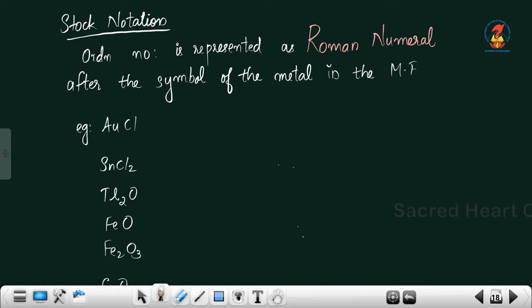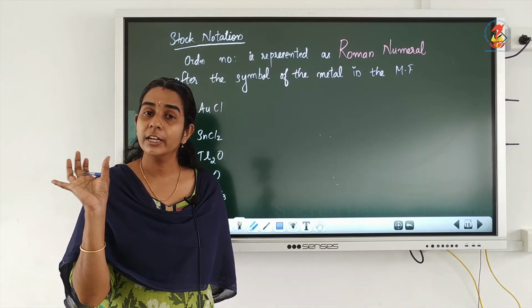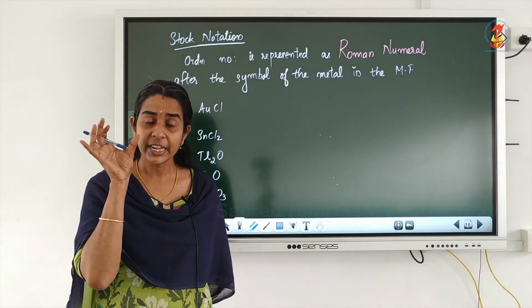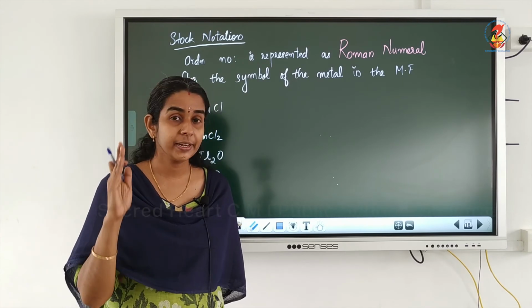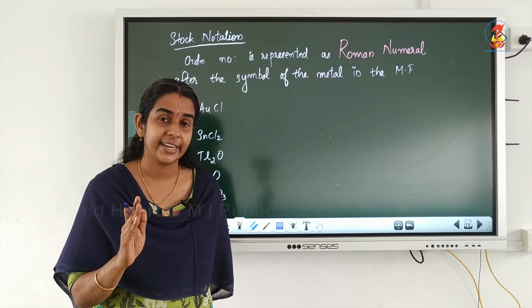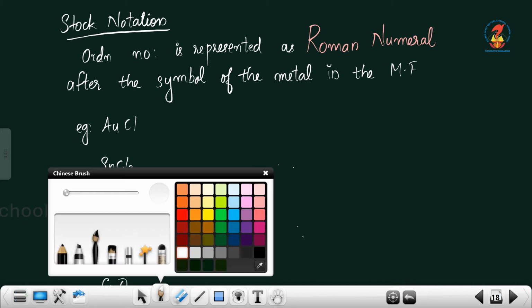So here we will be writing the molecular formula itself. After the symbol of the metal, we will be writing its oxidation state as Roman numerals inside single brackets. That is the way of representing stock notation. A few examples are given here.